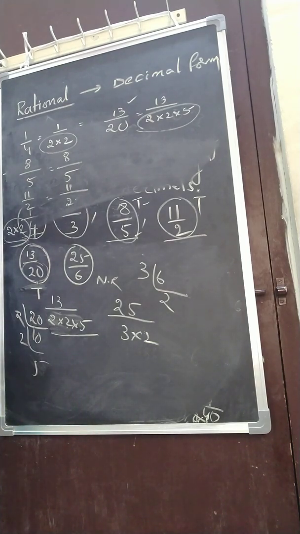So a rational number is terminating if the denominator can be written as prime factors of 2's or 5's or both.